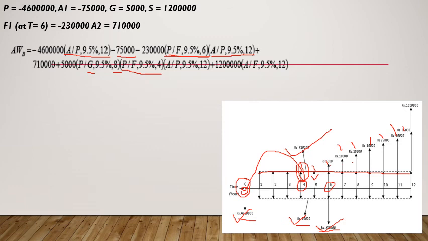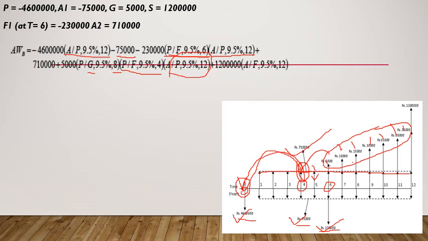What did I do now? First I converted this G, which was flowing in between and not at the ends, to its P at t equal to 4 and then to P at t equal to 0. Now I can use the factor A/P, 9.5, 12.